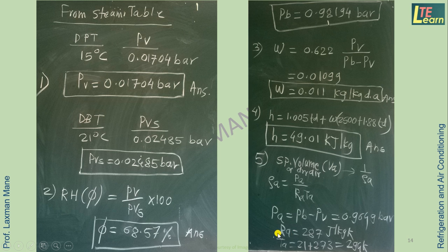RA is the specific gas constant for air. We write this in joule per kg Kelvin. Temperature of dry air, TA, is given in degrees Celsius, 21. We have to convert that into Kelvin, so add 273 to this value. We find it in Kelvin.